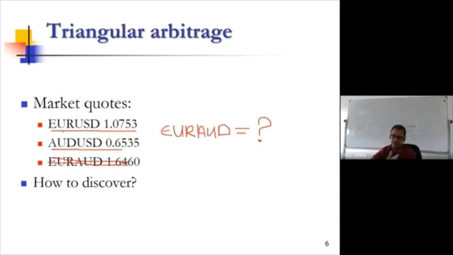Forget about it. When you are given these two rates, what would be the Euro AUD rate if you calculate it? Can someone tell me the answer or how to get it?